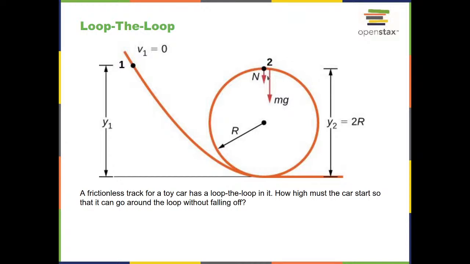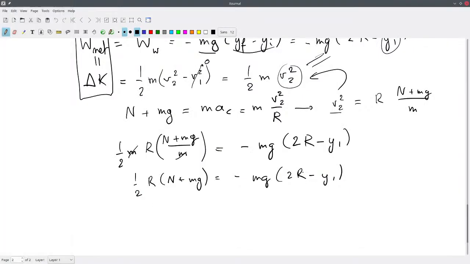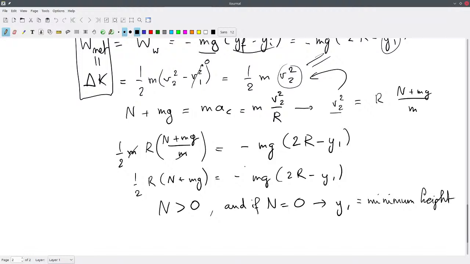As long as the normal force is positive, we're still going to be moving on the track. So n has to be greater than 0. And if n is exactly 0, then y1 will be the minimum height required to maintain n greater than 0.